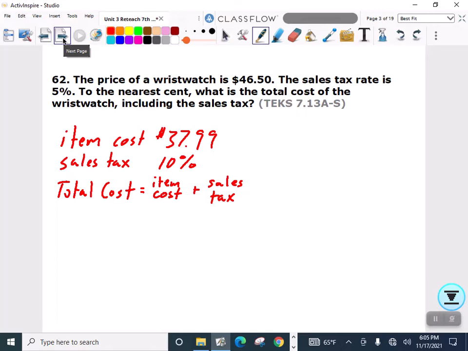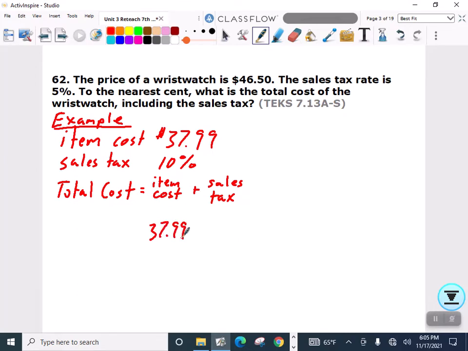So, here we have an item. I have an example. So my item cost is $37.99, sales tax at 10%. So my total cost is item cost plus sales tax. So I can plug this in.